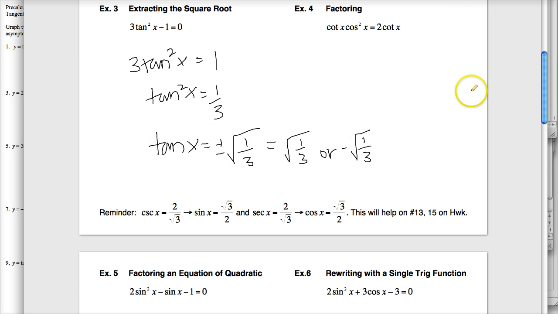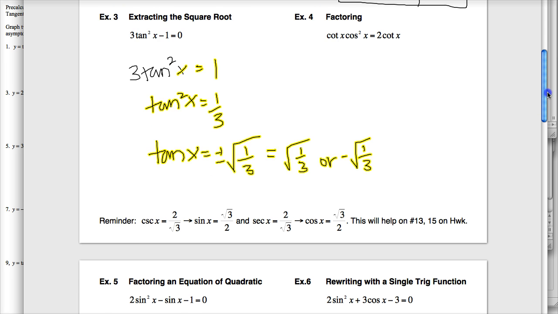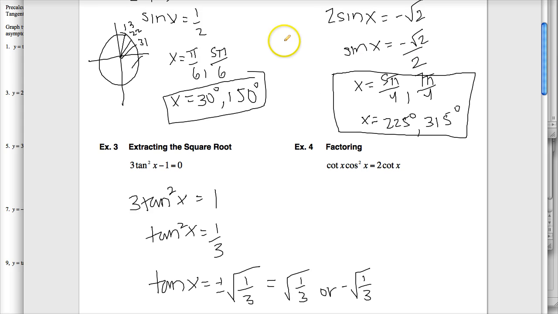Remember, tangent is sine over cosine. So if I scroll back, and again, you guys probably have nicer unit circles, tangent is sine over cosine, and you'll notice that I get that if I take the sine here divided by the cosine here.